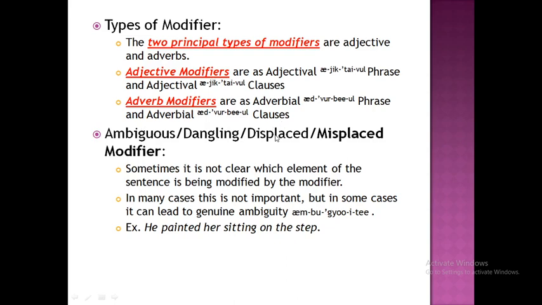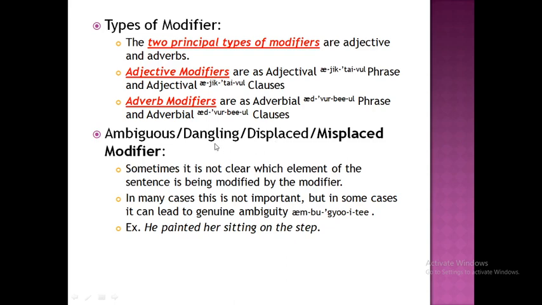Now, one different kind of modifier was asked in last year's question paper. Please look at the cursor: dangling or displaced. This word is used and this question was given: please define dangling or displaced modifier with an example.